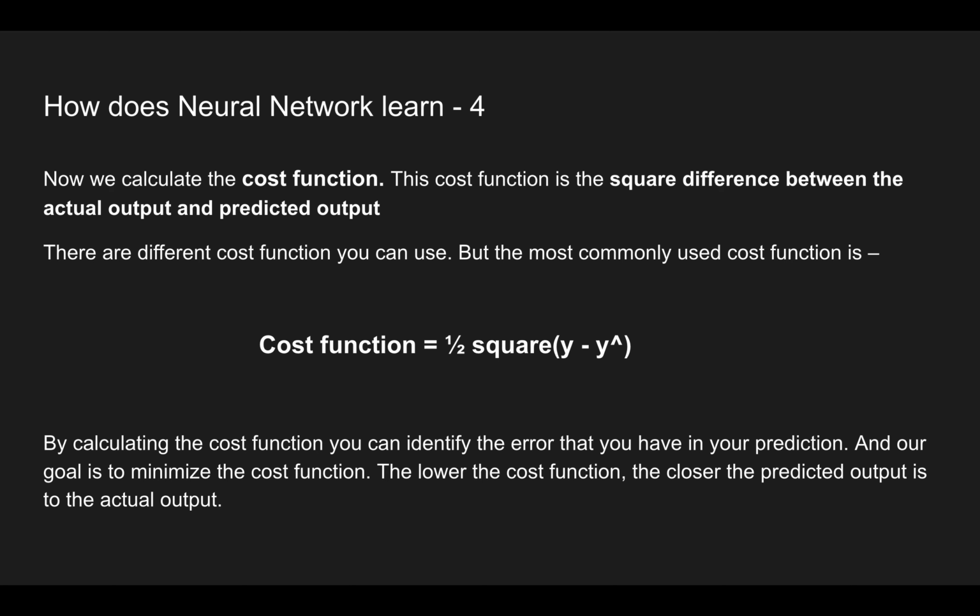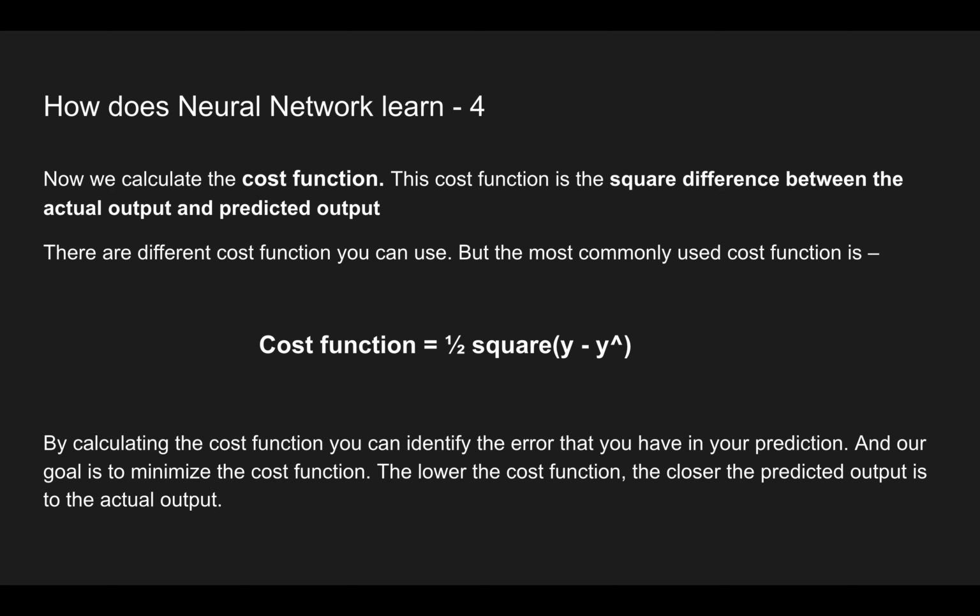That is, the square of the difference between what the model predicted and what the actual was. There are also mean absolute error, root mean square error, binary cross entropy, and categorical cross entropy. We will discuss these in the next video. That is also really important, but here you only have to understand how a neural network works.